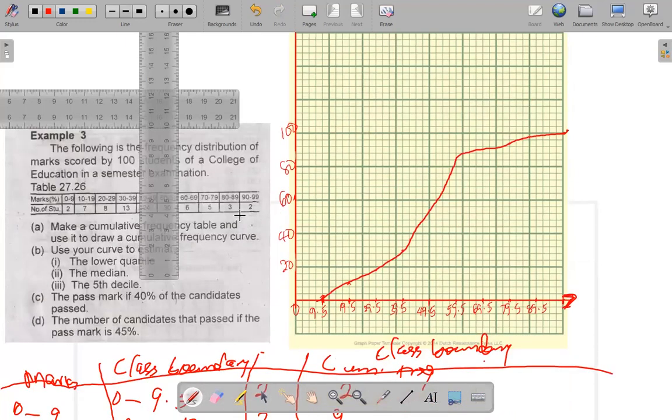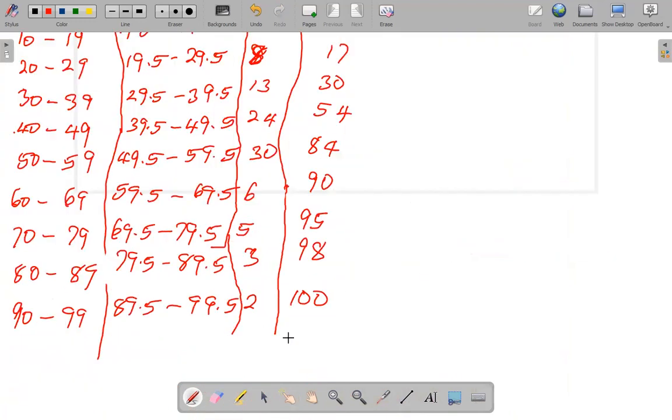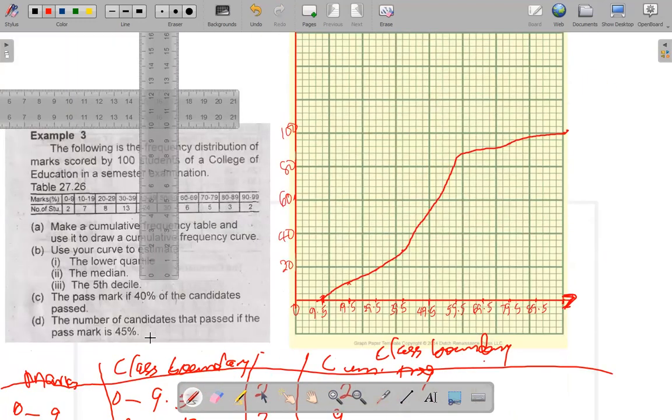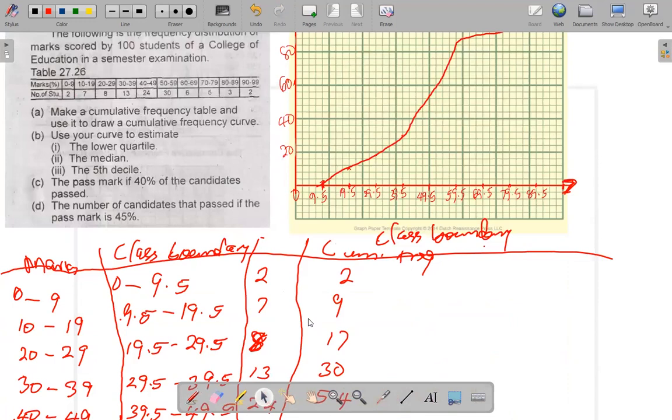Question number 1 is the lower quartile. Use your ogive to calculate the lower quartile. The lower quartile, which is Q1, is 25% of the cumulative frequency.